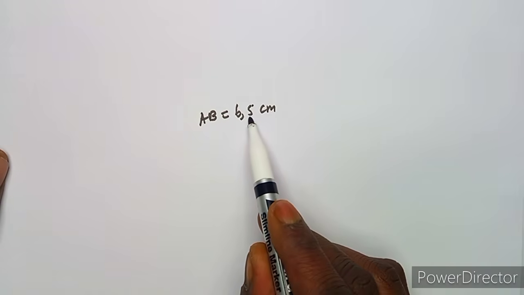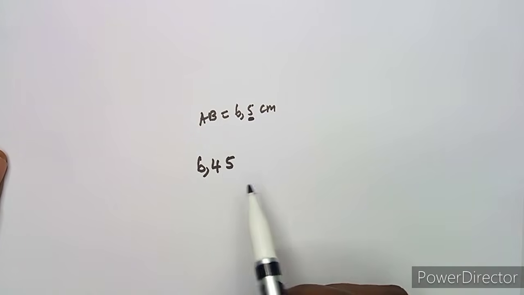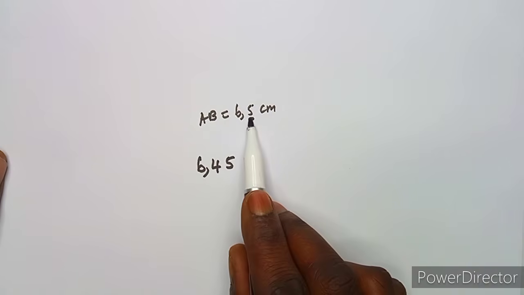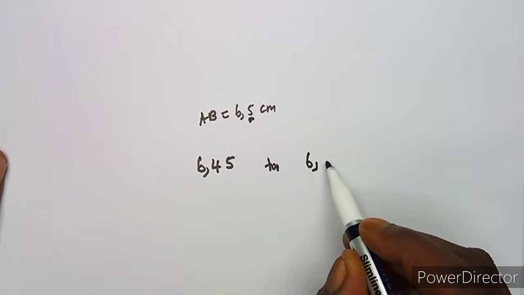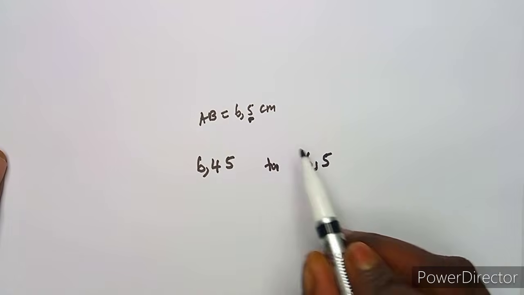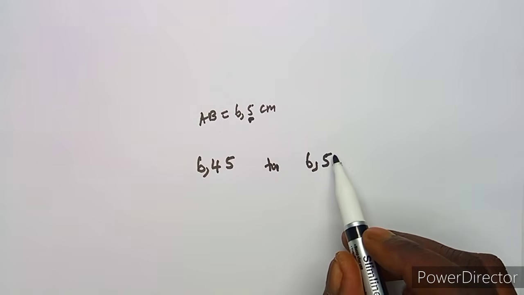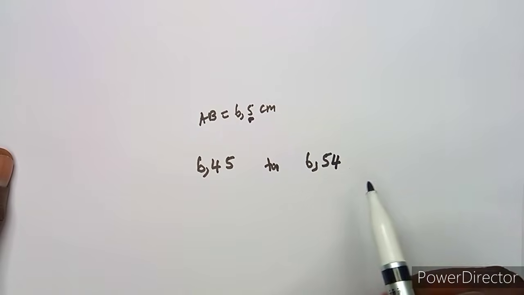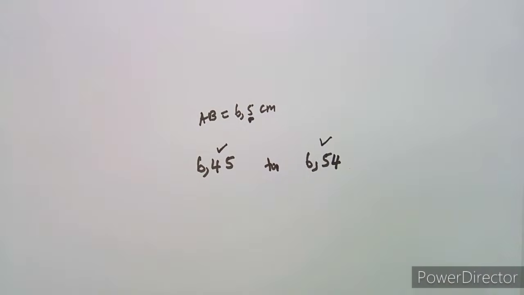Definitely the first digit is supposed to be 1 less than this digit, which is 6,45, because when you round off, that 5 is the smallest number that can change this 4 into 5. The maximum is going to be 6,54, because 5 again is going to change, but now we must be at 4. So from 6,45 up to 6,54, this is our actual range of values.